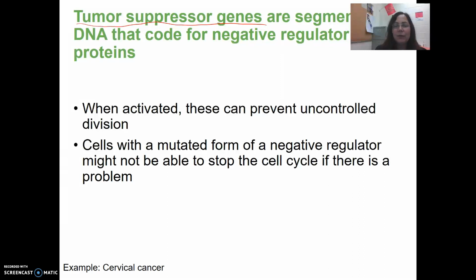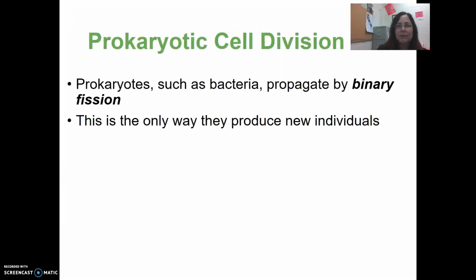They can suppress the growth of tumors. Cells with a mutated form of a negative regulator might not be able to stop the cell cycle if there is a problem. So tumor suppressor genes are good. We need those genes because they prevent uncontrolled cell division.